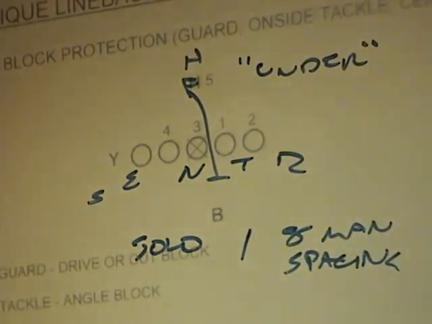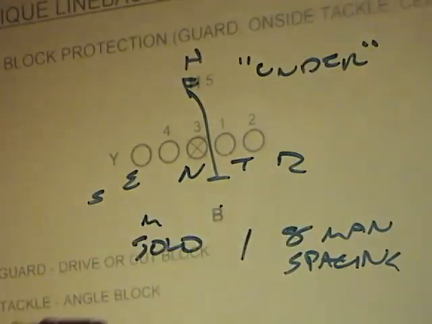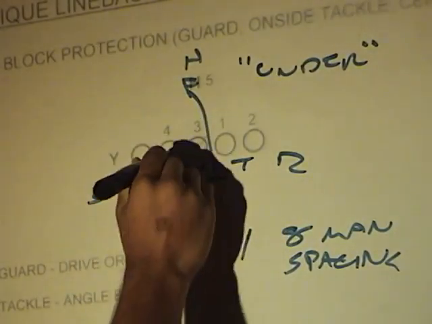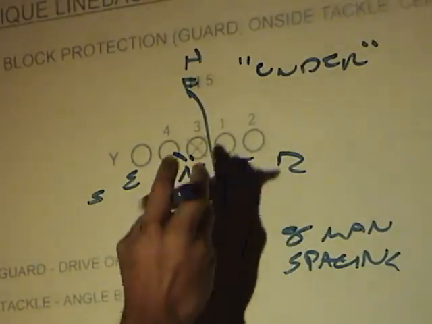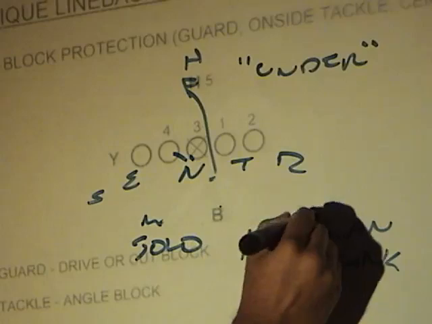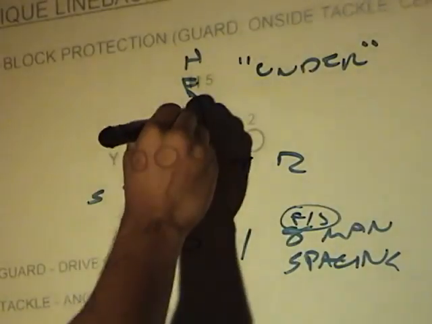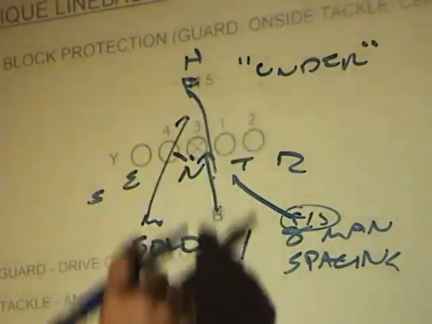We don't play defense outside of these two fits. It's either one or the other. It's black or white. If it's solo, I know that all my help is inside here with the Mac. He's going to recognize the insertion and we'll bice together. If it's 8-man spacing, I need to recognize that my help is here with the free safety. The Mac is running through and I'm spilling to the free safety this way.